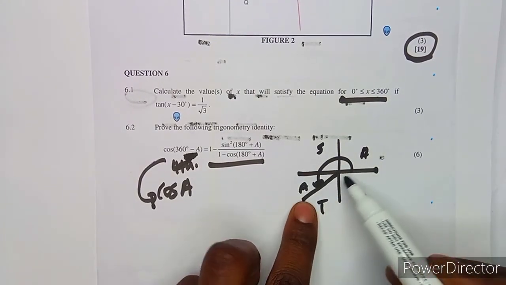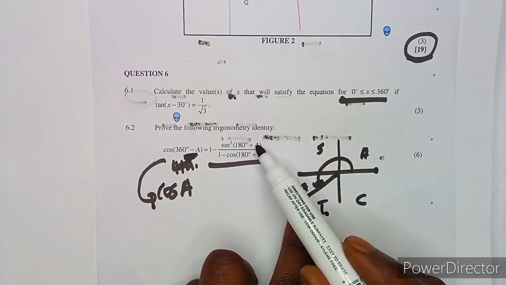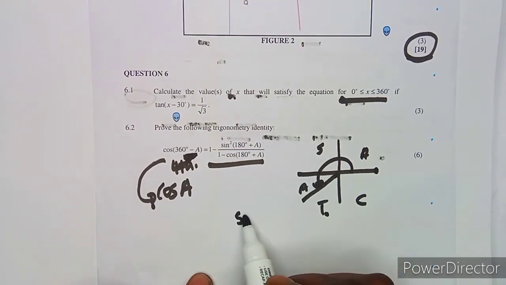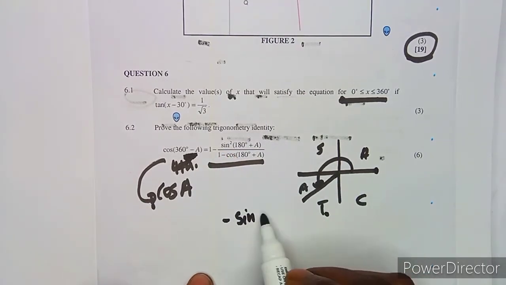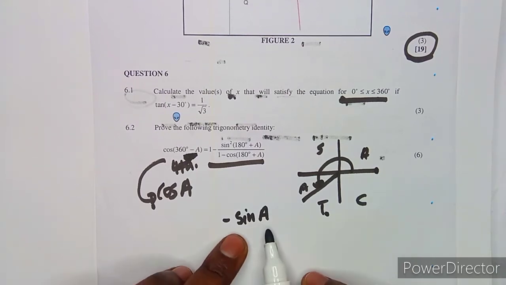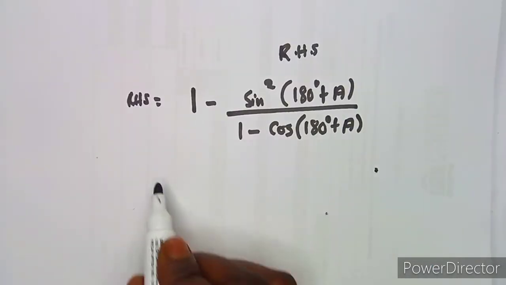This quadrant is for tan, it is not for sine, which means our sine is going to be a negative. It's going to be minus sine a, like this, because this quadrant is not for sine, it's for tan. So it's going to be a negative.